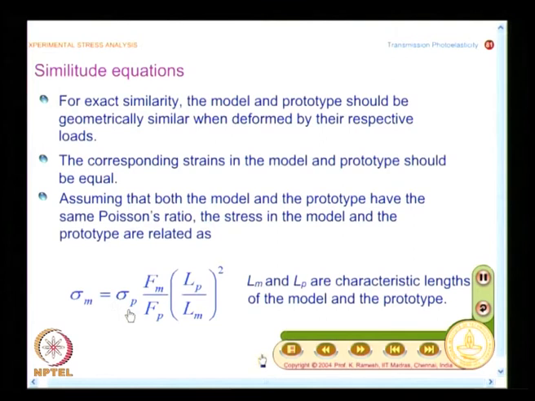Our goal is we want to find out the load, whatever the load that I want to apply on the model. I want to do that in such a fashion that when deformed, the model and prototype should be having similar strains. This is what we are looking at. So, that will bring in the elastic constants.